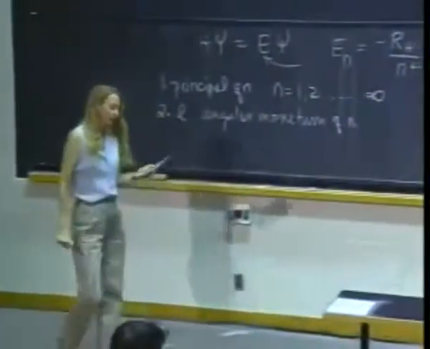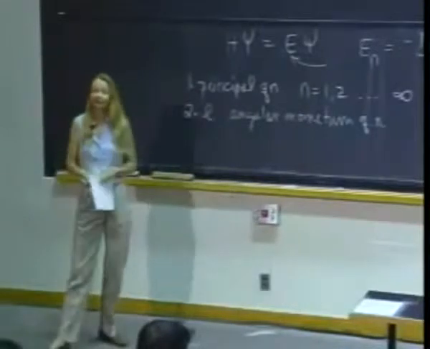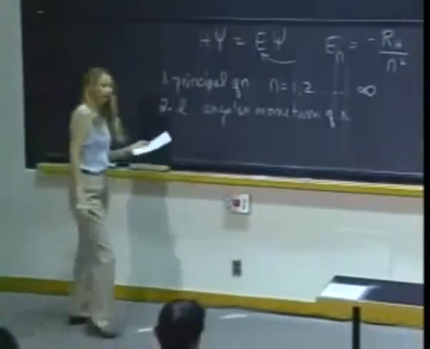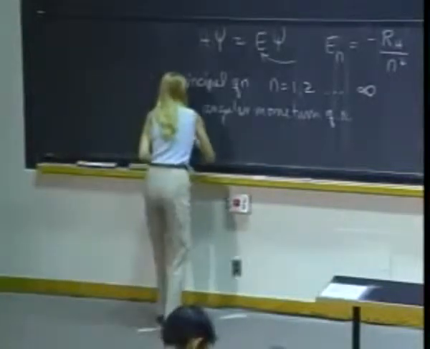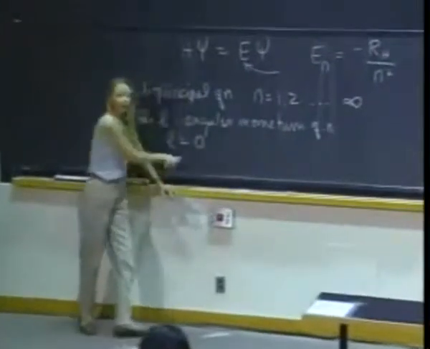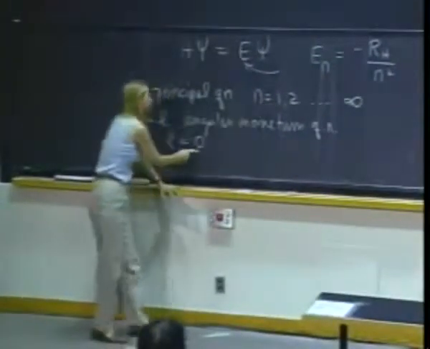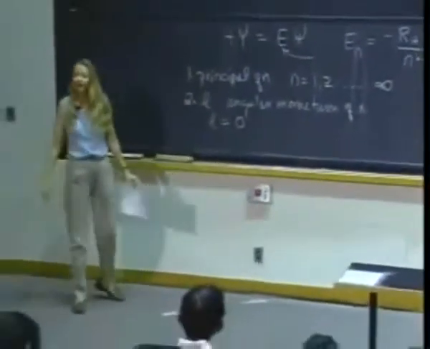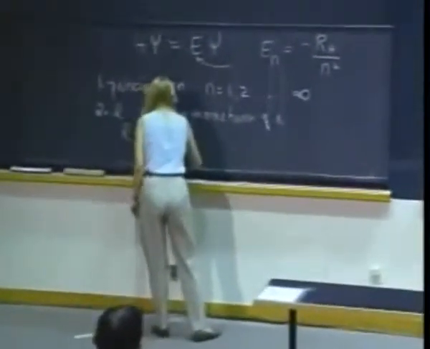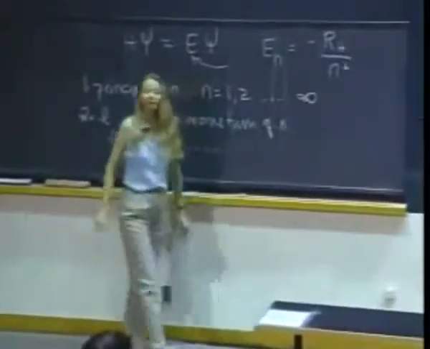It is a quantum number, which means it has very specific allowed values. The allowed values of L are the following: 0. Unlike n, the lowest value that L can have is 0. 0, 1, 2, 3, all the way up.